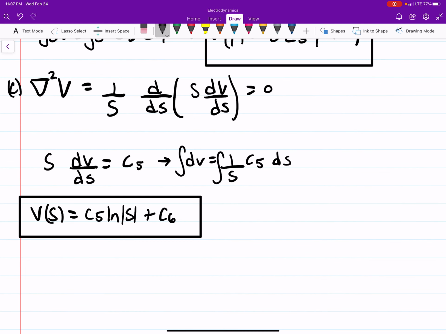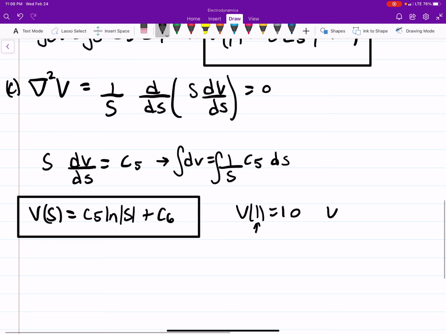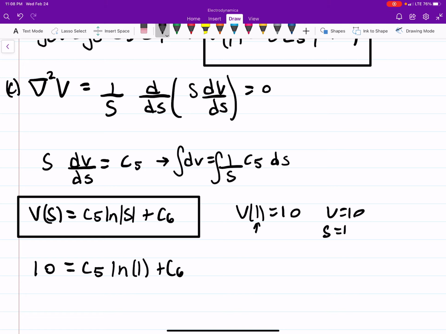Well, let's start with when V of 1 equals 10. So that means our s is equal to 1, and our V is equal to 10. That's what that means. So 10 equals c5 natural log of 1 plus c6.